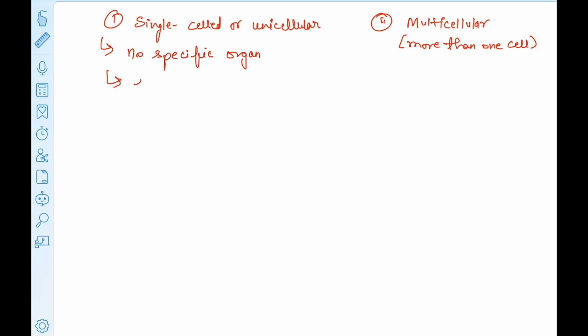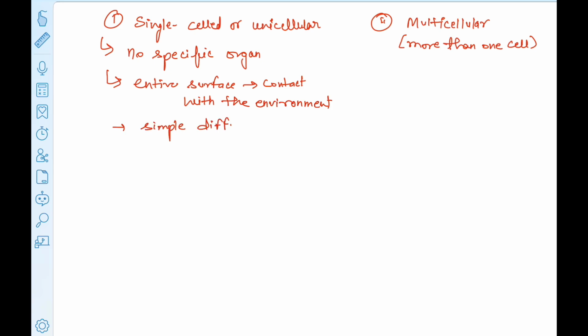Why? Because their entire surface is in contact with the environment, right? So they use the simple diffusion process. They do not need these complicated processes like excretion and digestion. But in multicellular organisms, all the cells may not be in direct contact with the surrounding environment.